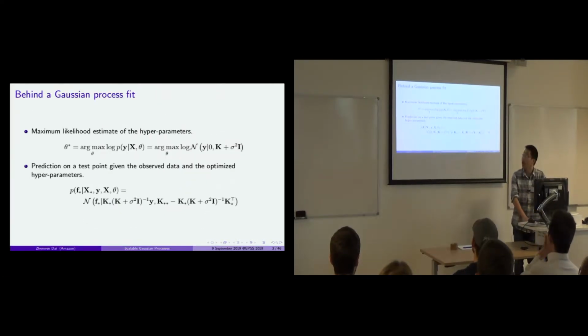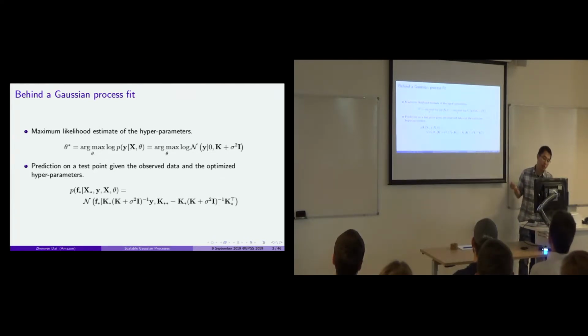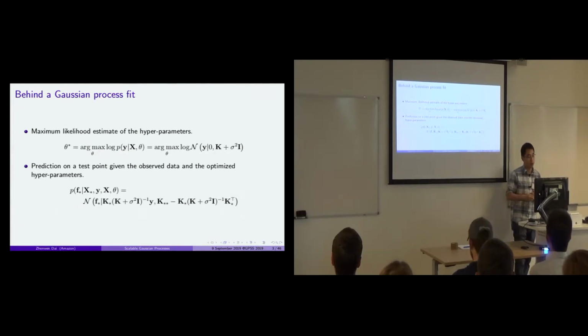Nicholas already talked a little bit about fitting the Gaussian process. Here I just want to mention that often when we talk about the computational expensiveness of a Gaussian process, we usually refer to two possible steps, because given a Gaussian process, we usually do two things.